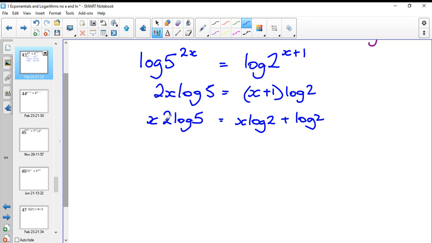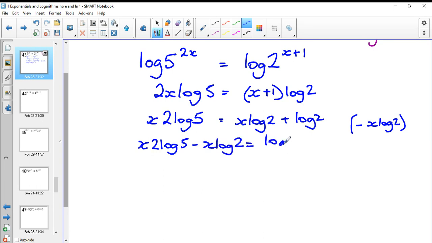Right, we've got 2 terms that have got an x in. So I'm just going to take x log 2 to the other side. So I'm just gathering up the like terms. And now, just to make x appear once, I'm going to factorize.